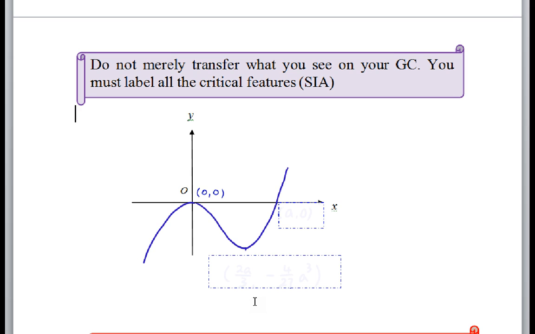Now, is this a complete graph? No, because don't forget your SIA.